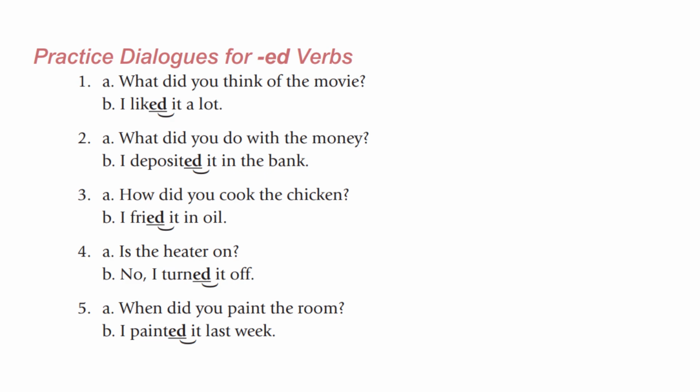I deposited it in the bank. How did you cook the chicken? I fried it in oil. Is the heater on? No, I turned it off. When did you paint the room? I painted it last week.